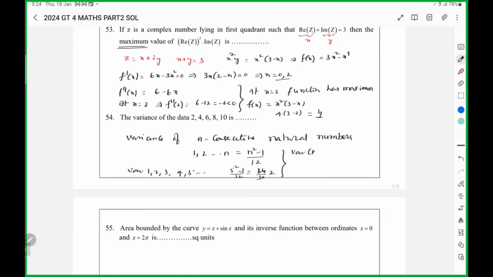And variance of kx is k square times variance of x. So here, to find out variance of this, you multiply each variable with 2, you get this. So variance of 2x is 4 into 2, 8.